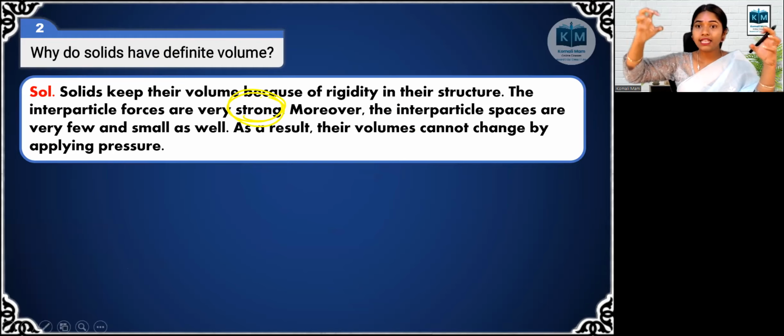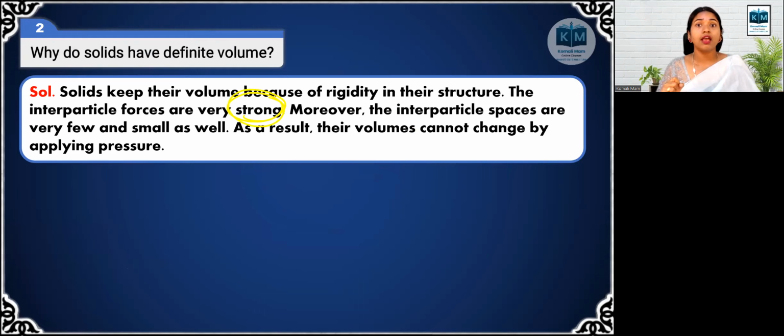Between one particle and another particle, the forces of attraction are very strong. Because of that force of attraction, they are rigid. And when the forces of attraction are strong, particles come closer and they have very few interspaces. Gaps are very small. As a result, their volume we can't change by applying pressure.